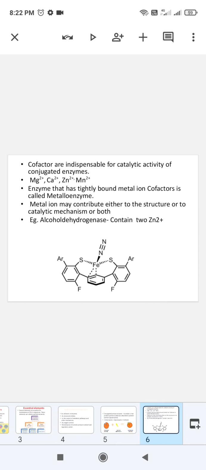One example is alcohol dehydrogenase, which consists of 2 Zn2+, and it contributes towards the structure and catalytic activity.